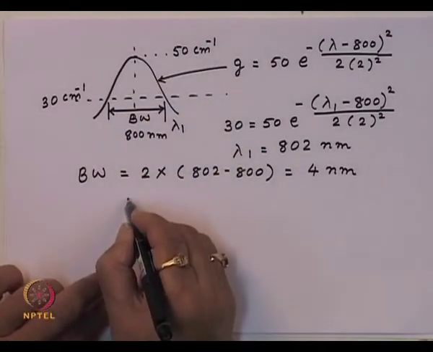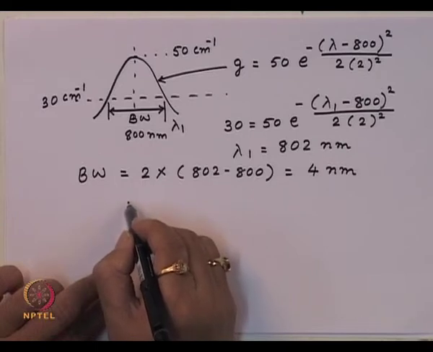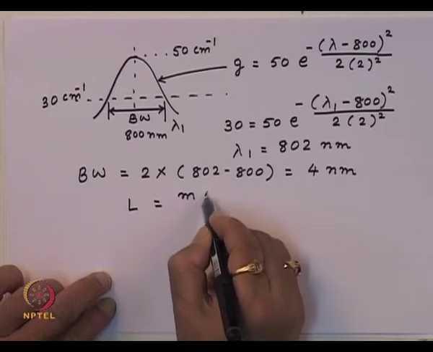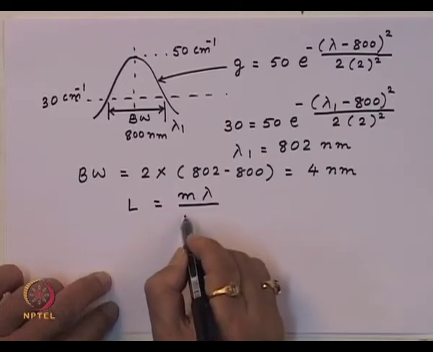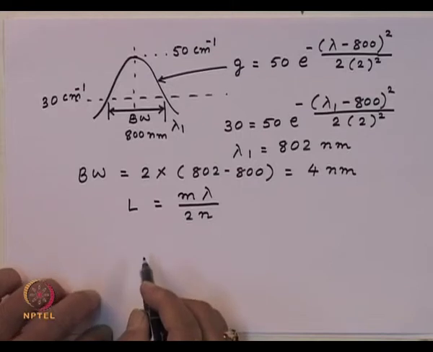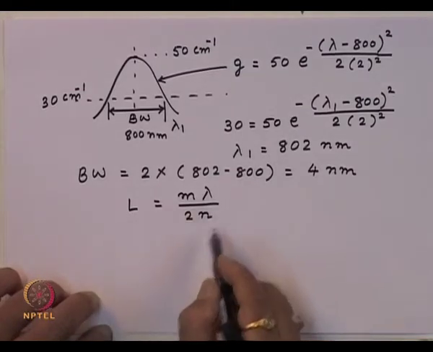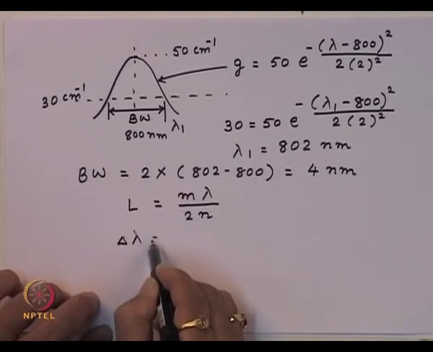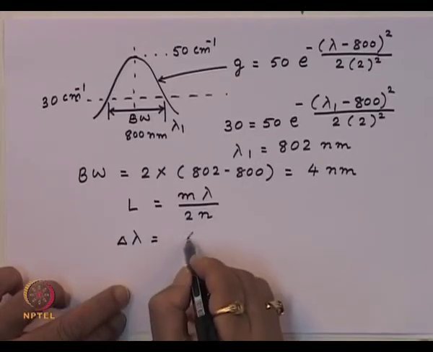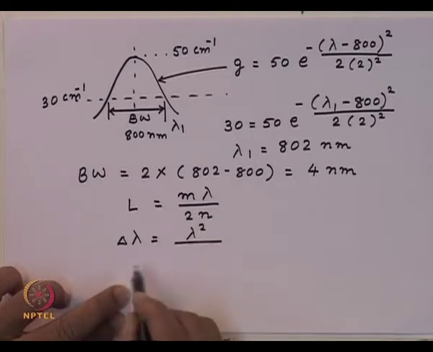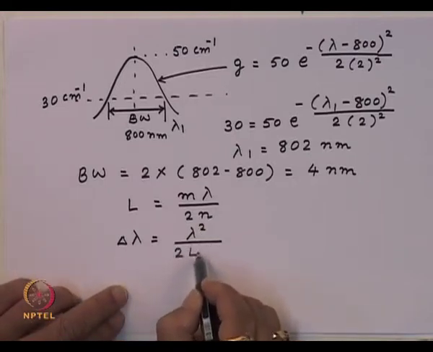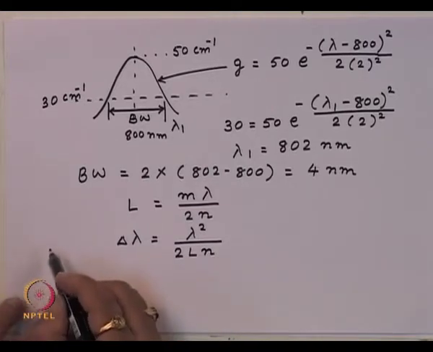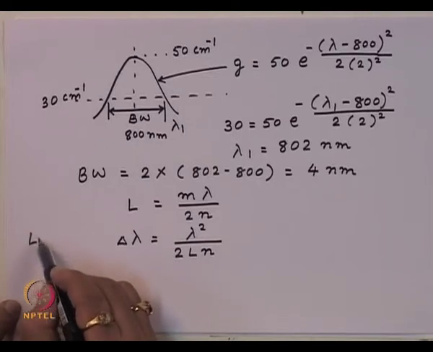So, again we use the same relation that L is equal to m lambda divided by 2 n, and from here we can calculate delta lambda, which is lambda square divided by 2 L into n. This is the line separation.